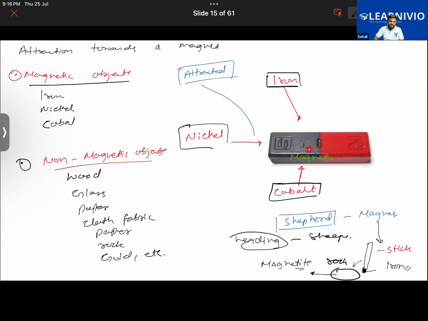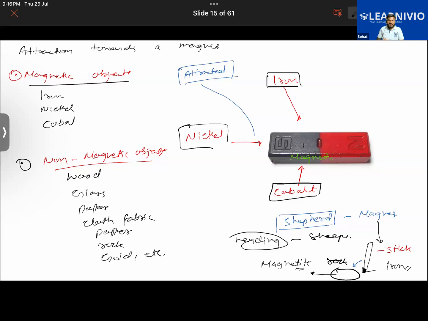Like this magnet, was it found in this form in nature? No. Originally, it was found along with several other impurities also. So initially, it looked like a piece of rock.